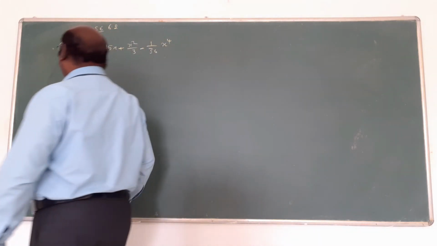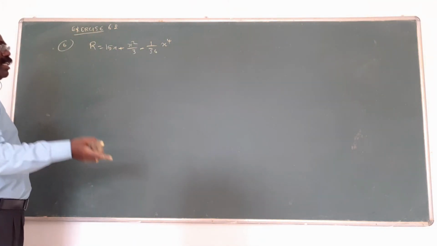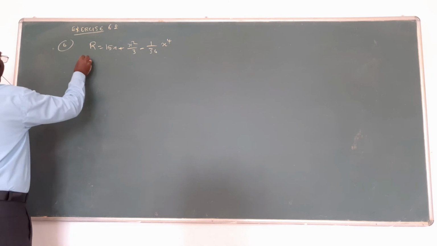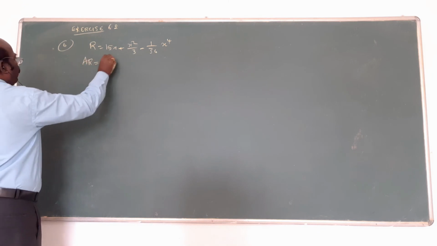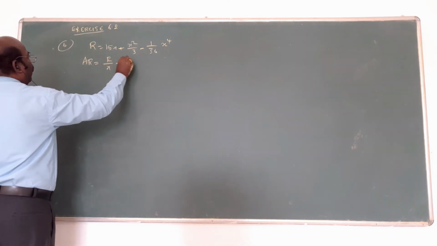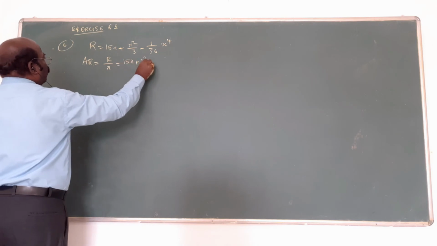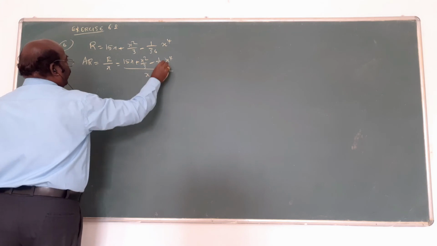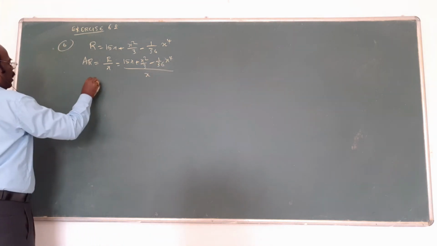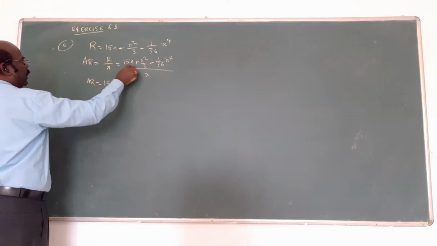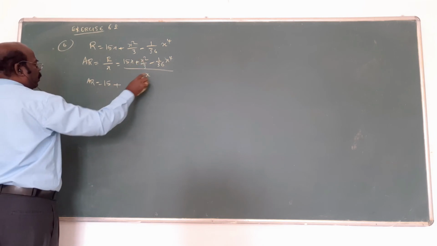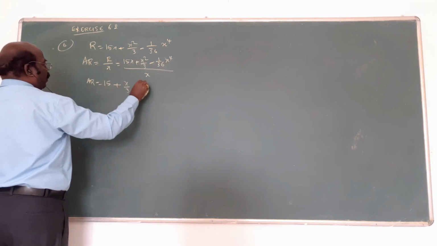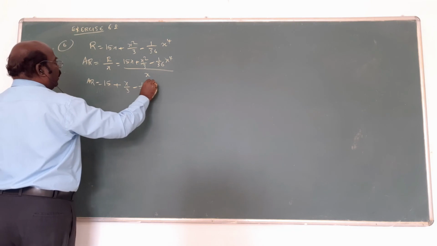Now, you want to prove average revenue is maximum. That's why first find average revenue. What's the formula? R is 15x plus x square by 3 minus 1 by 36 x power 4, divided by x. Am I right? All the terms are divided by x, so 15, x by 3, and 1 by 36 into x cube.